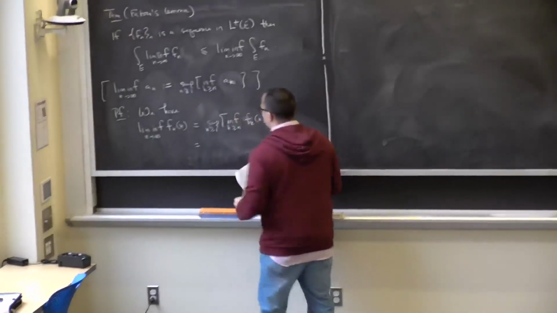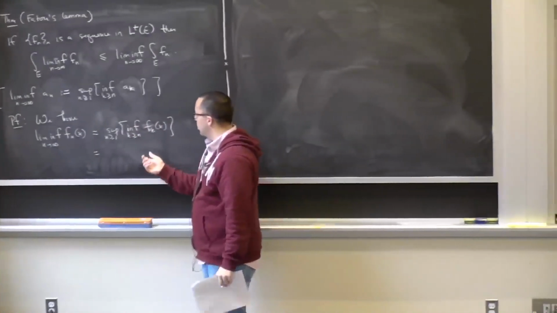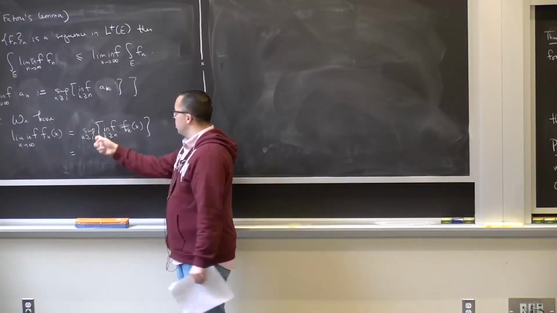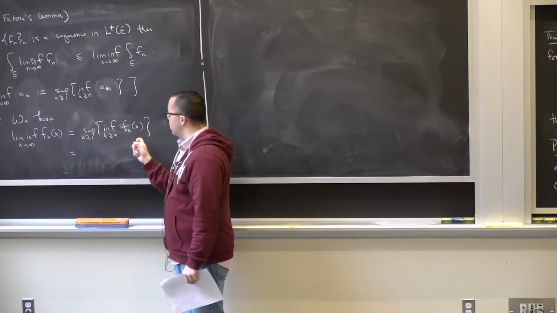Now, for a fixed n, what happens to what's in the brackets as n is increasing?